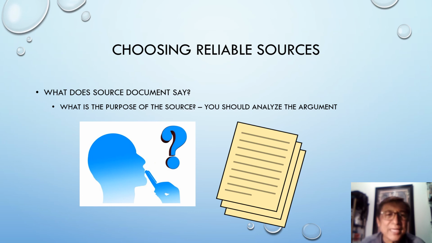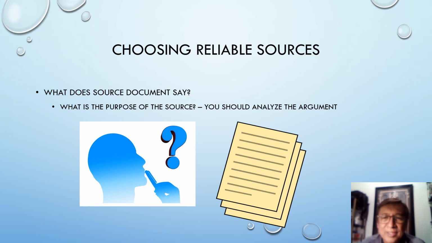You have to really ask yourself if it's enough for the intention of the author to target you specifically for his or her purposes, and if you think that's enough information, then hey, you've got a good source.